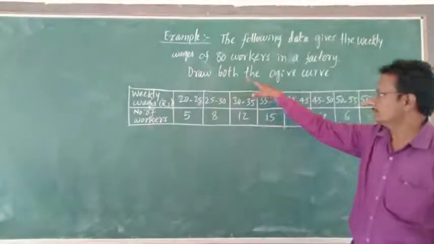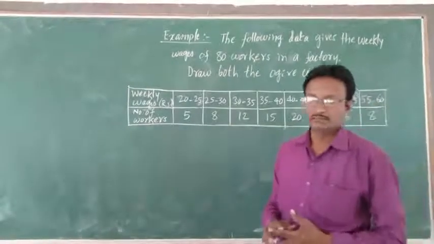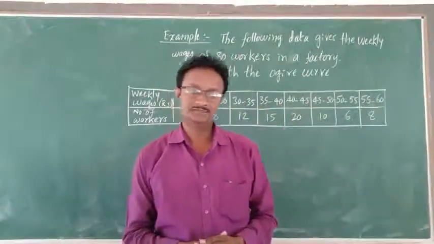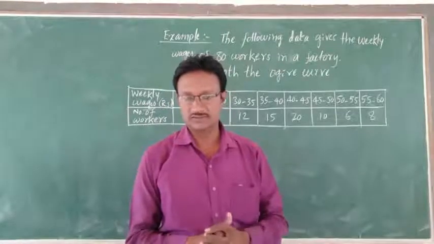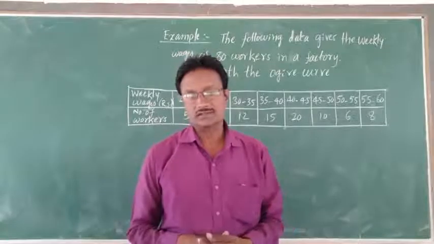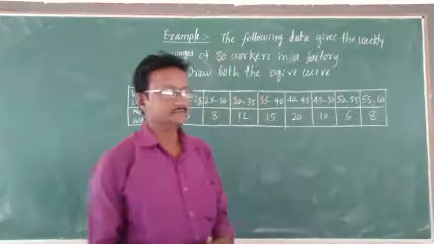Draw both the ogive curve. Both the ogive curve means less than ogive curve and more than ogive curve. So we have to draw less than ogive curve and more than ogive curve.